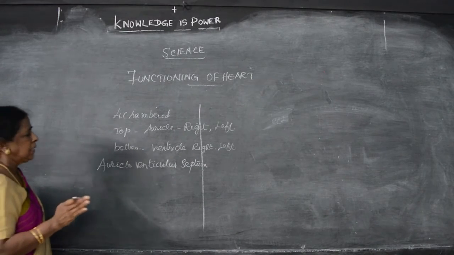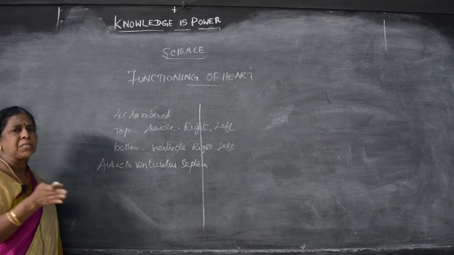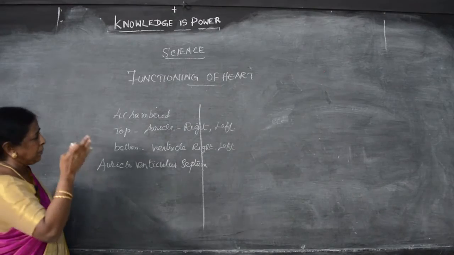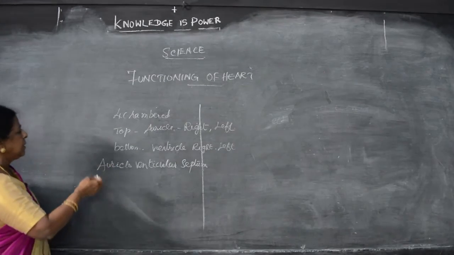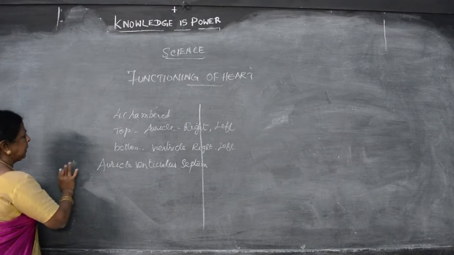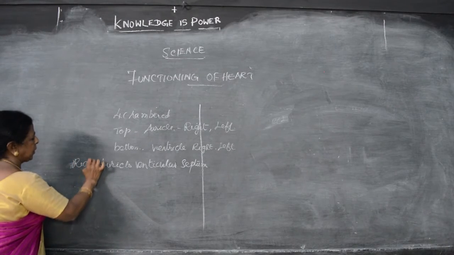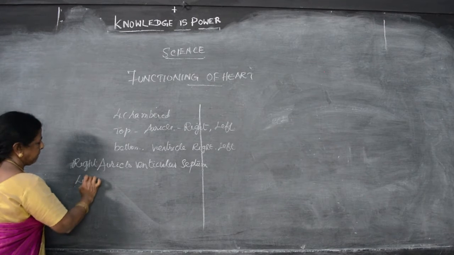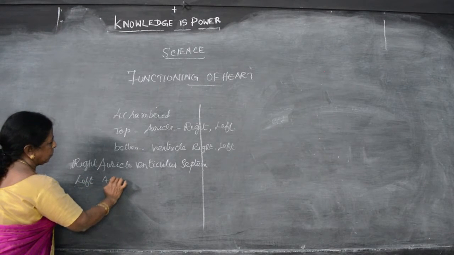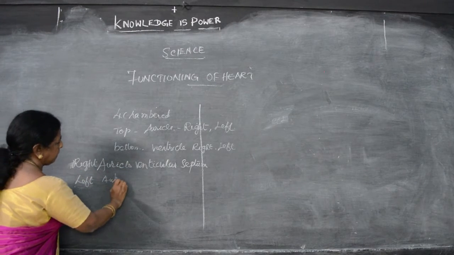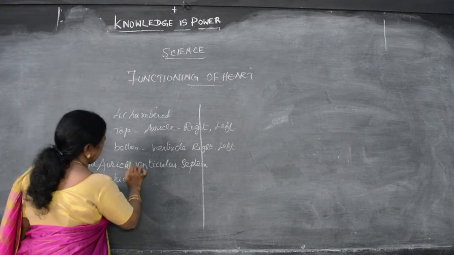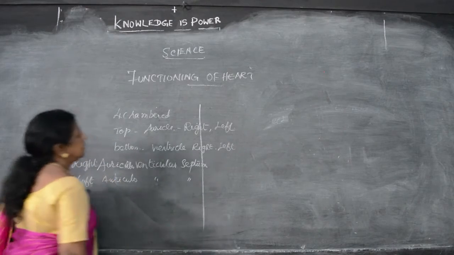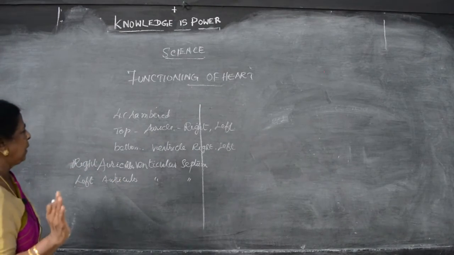Just to avoid that, there is a septum. Septum means what? A partition, a small partition in between the auricles and ventricles. So right side it is the right auriculoventricular septum, left side it is the left auriculoventricular septum. So the mixing of blood will be avoided.